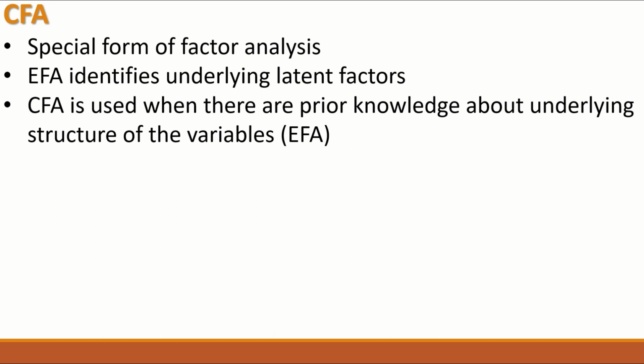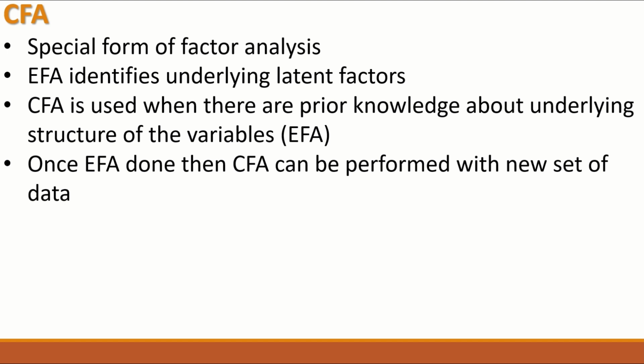So CFA is used when there is prior knowledge about the structure of the variables, the relationship between items or variables, and which items measure or represent factors. So first of all, EFA has to be done to sort out and group items into factors, and then the CFA can be performed.